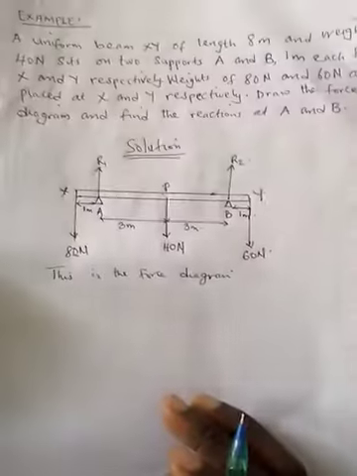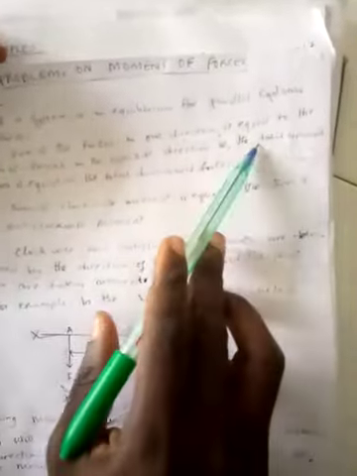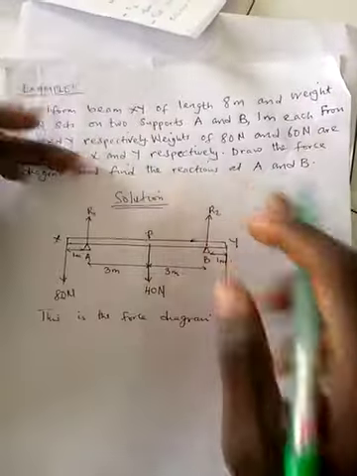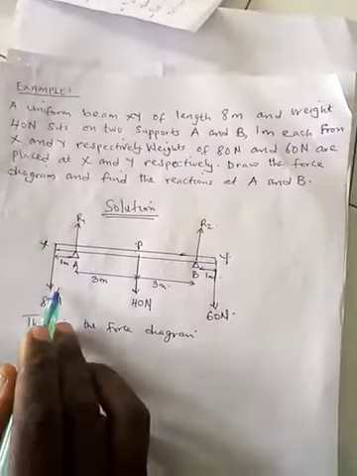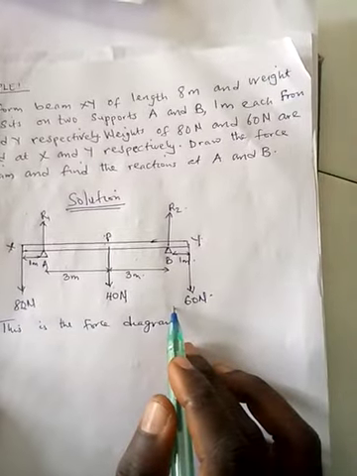First of all, we have to take a look at this. We know that for the system to be in equilibrium, the total upward forces must be equal to the total downward forces. So the upward forces are the reactions, while the downward forces are this weight, the weight of the beam, and this other weight, 60 newtons.